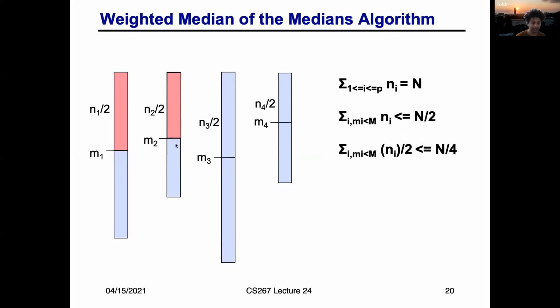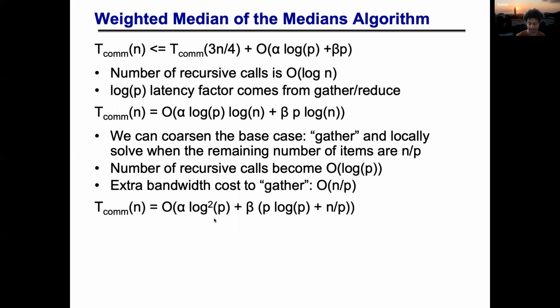Globally, I am discarding a quarter of my data at each iteration of the algorithm. But for a particular list, I might not be discarding anything, depending on how adversarial the input set is. For that reason, at each layer I might be just doing n over p work. And I have log n layers, so n over p times log n would be the computational cost overall.